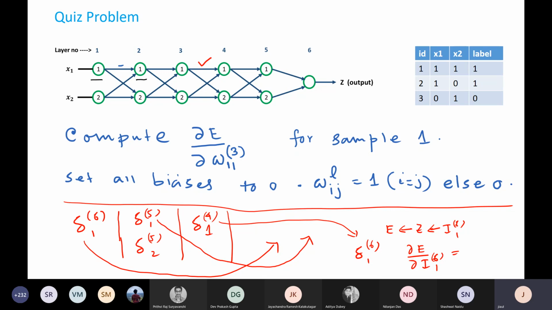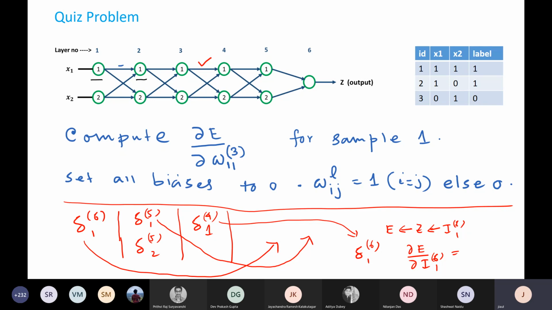So I suggest you take a small example and work out by hand how things are working. That's very important, because I'm going to give you an assignment where you have to code it up from scratch. No library, nothing. You have to implement backpropagation from scratch.